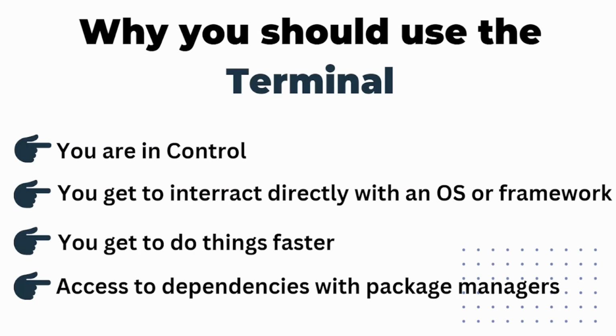And the majority of the languages and frameworks these days do come with their CLI, their command line interface. For example, Node.js comes with something called Node REPL, read, evaluate, print loop, which you can use to execute your JavaScript without using the browser console.